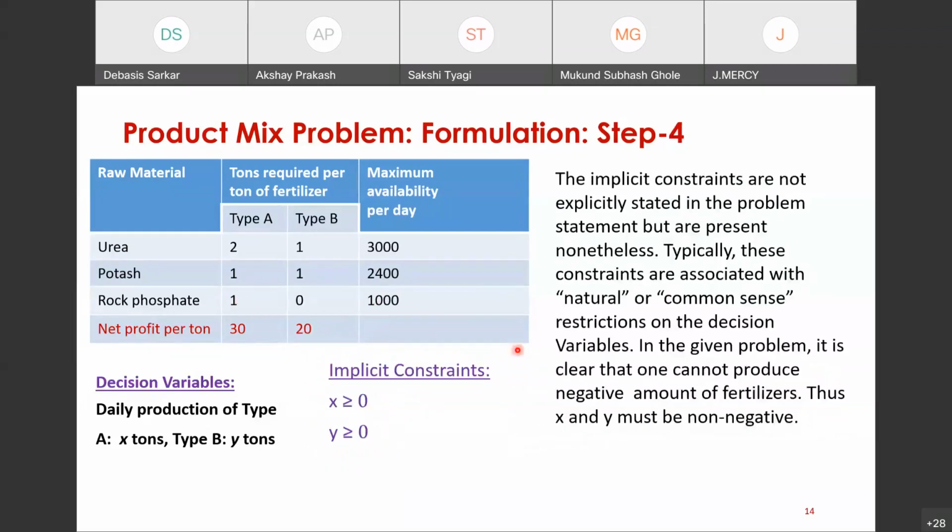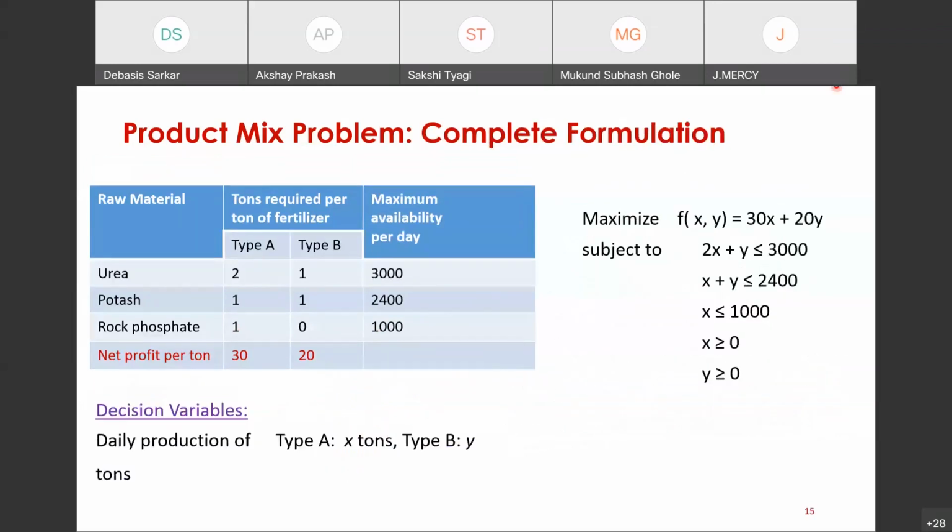So that completes my problem formulation: maximize 30X plus 20Y subject to these constraints as well as these constraints.